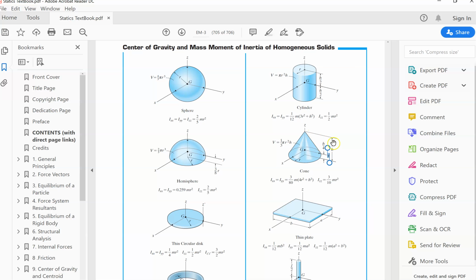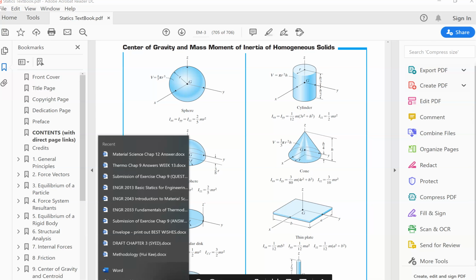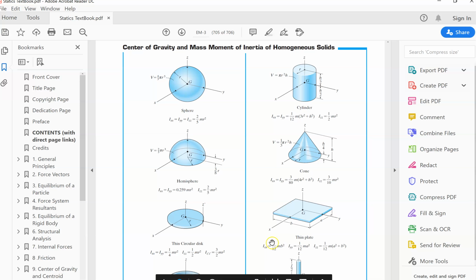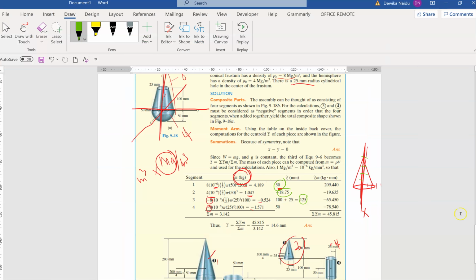Sorry, this would be for your z, because it's vertical, right? h over 4 is for the z. The y and the x are symmetrical. Okay, going back to this. Next you have the z values. You have all the z values.